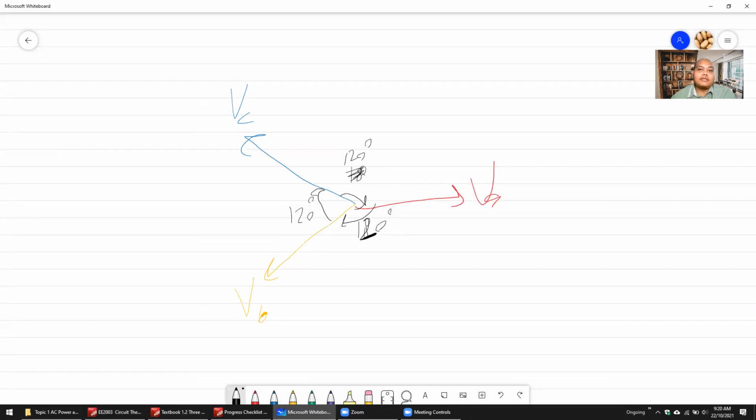Why 120? Because 360 divided by 3 phase gives you 120 degrees difference. That is the reason for the 120.